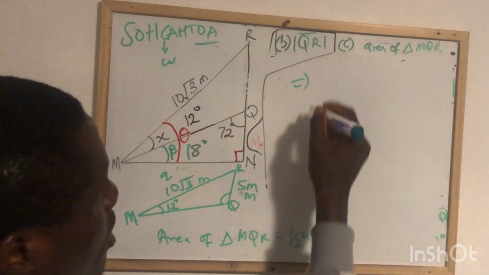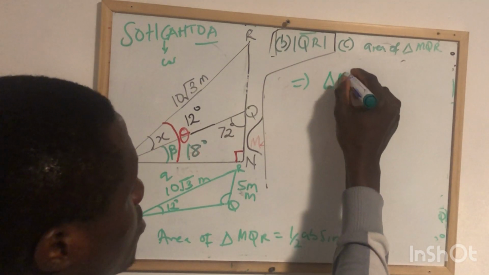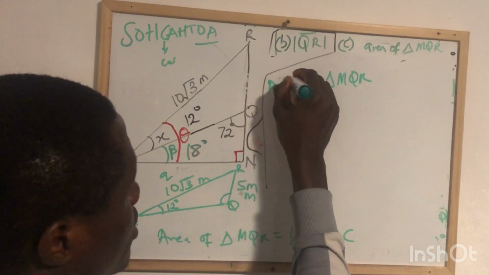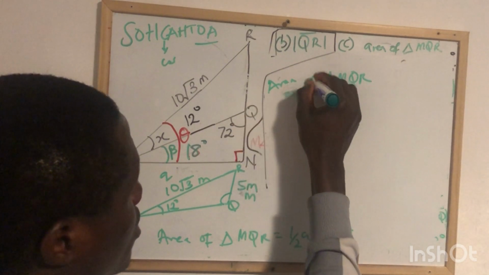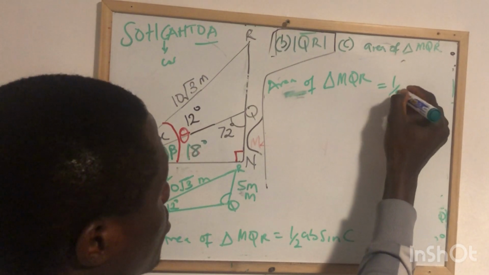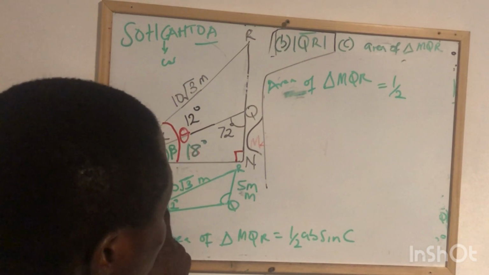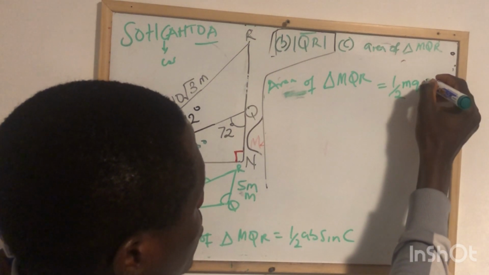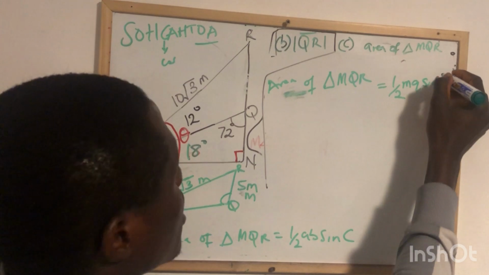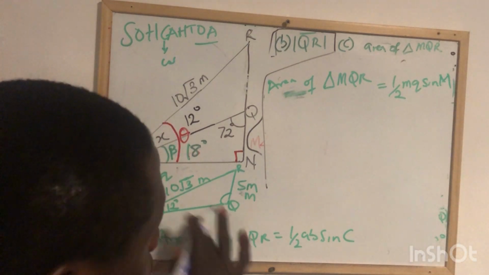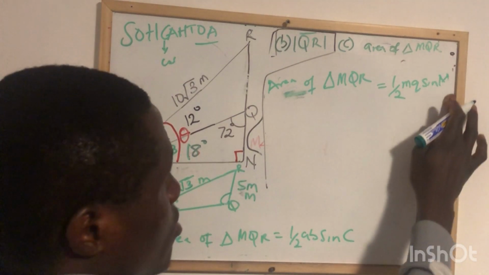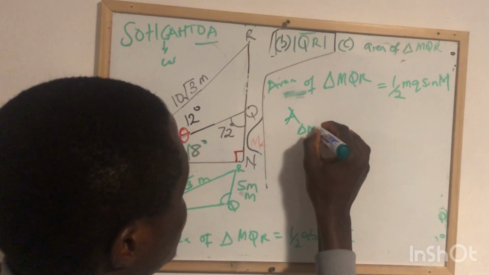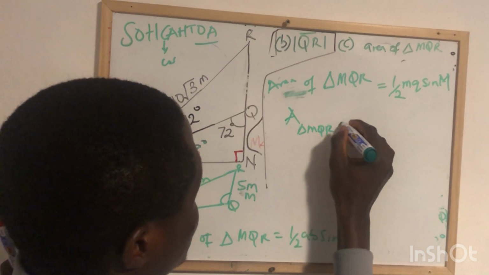So if I want to write this formula, I can easily say area of triangle MQR is going to be half. Now this is my QM or MQ, so I wanted to do it small letter m, small letter q, sine capital letter M, just to follow this labeling. So the area of triangle MQR is going to be half.